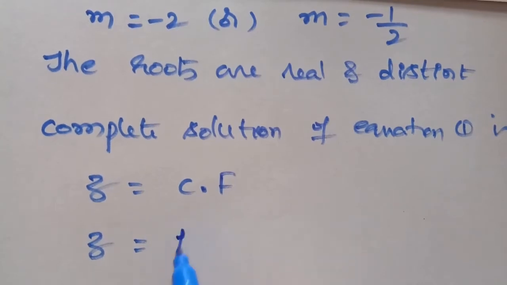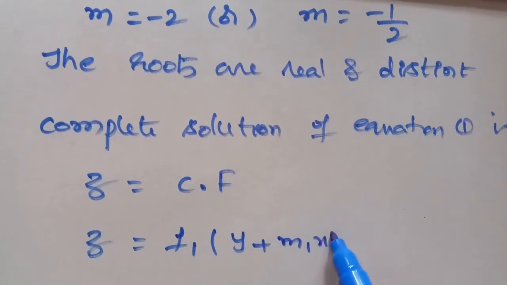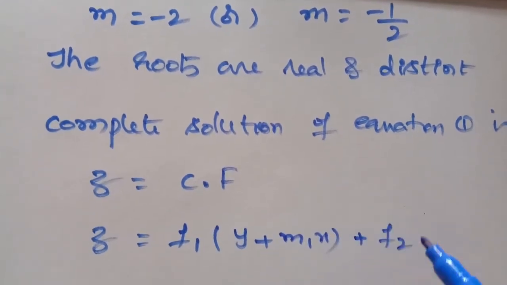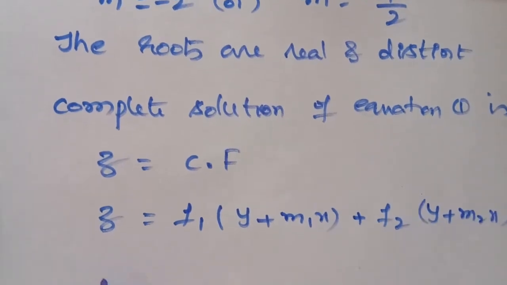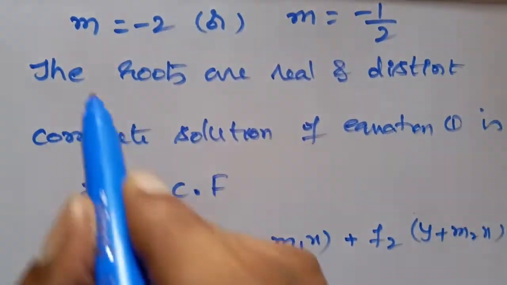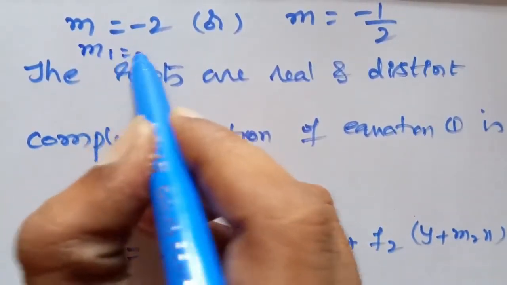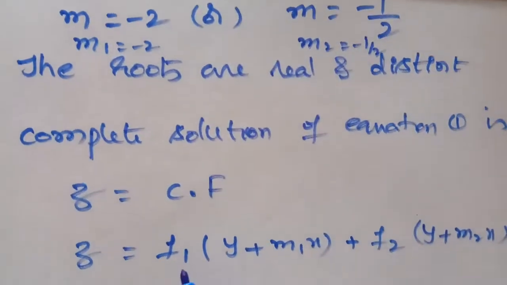So, f1 of y plus m1x plus f2 of y plus m2x. Therefore, here m1 is equal to minus 2, m2 is equal to minus 1 by 2.